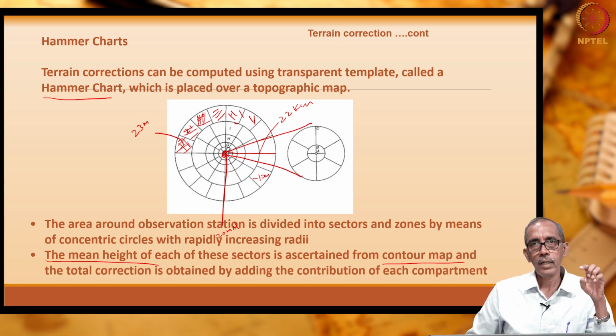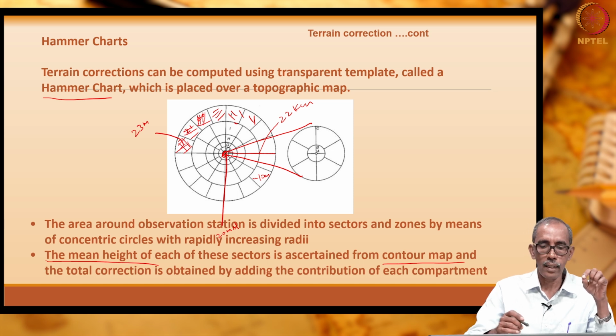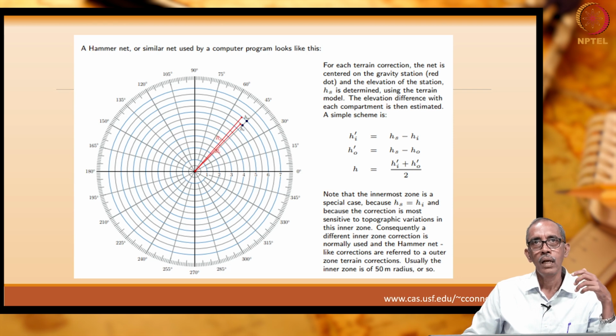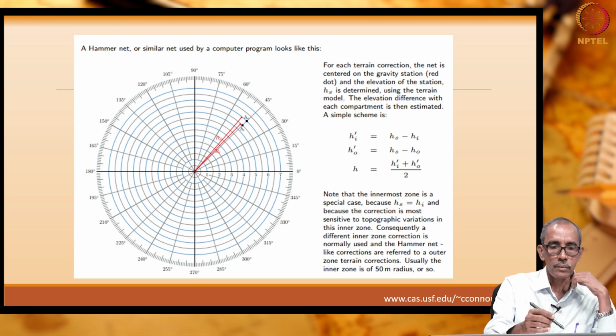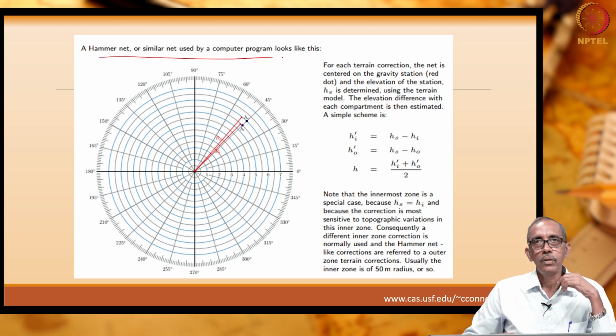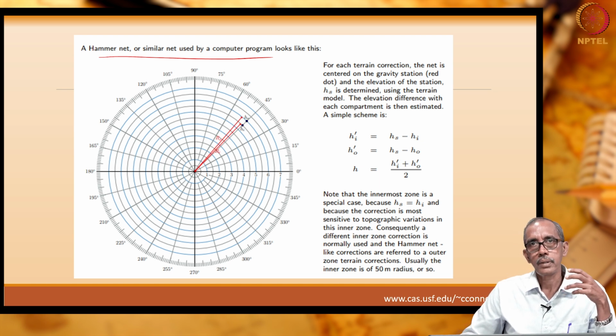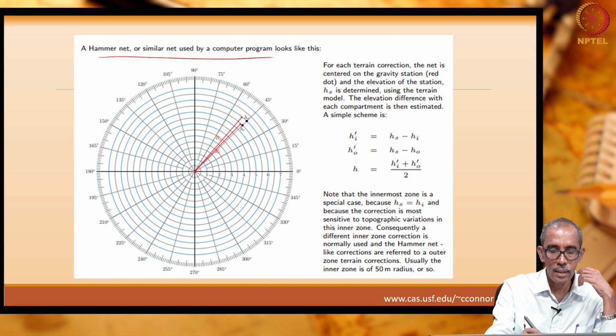Right? What is the effect of each region or compartment on the reading which we have taken at the center is determined. This can be done very easily nowadays using some simple tools, taking the help of some computer programs. Right? Our station is here.